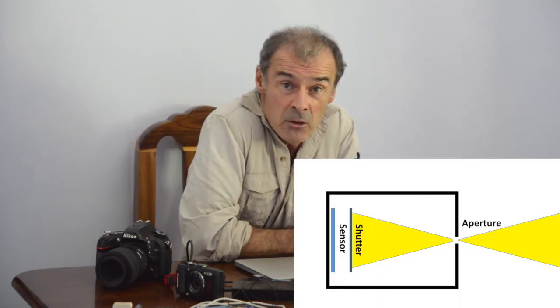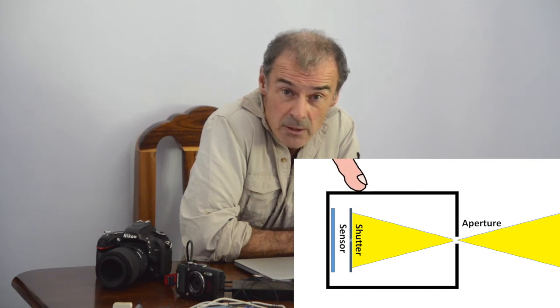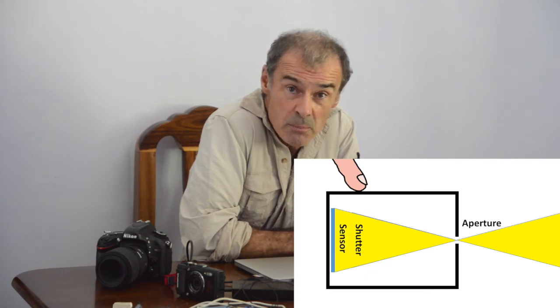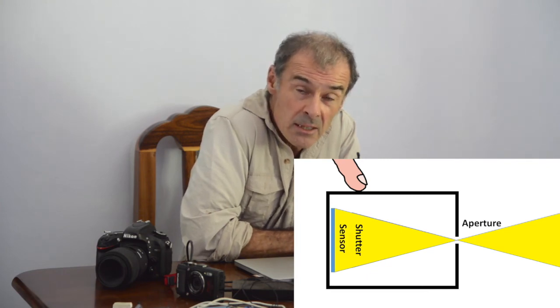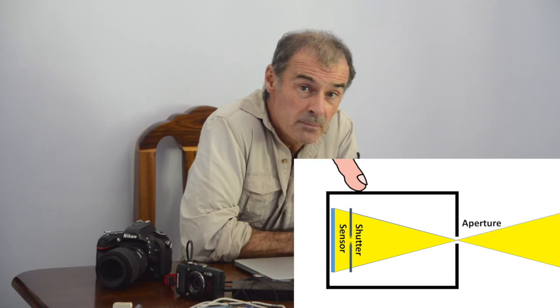And then when our finger comes down to press the shutter release button, the shutter opens for a predetermined period of time. The light is allowed to pass through, hit the sensor, then the shutter blades close again and the light is stopped. And that essentially is how we control the exposure of our photographic image.